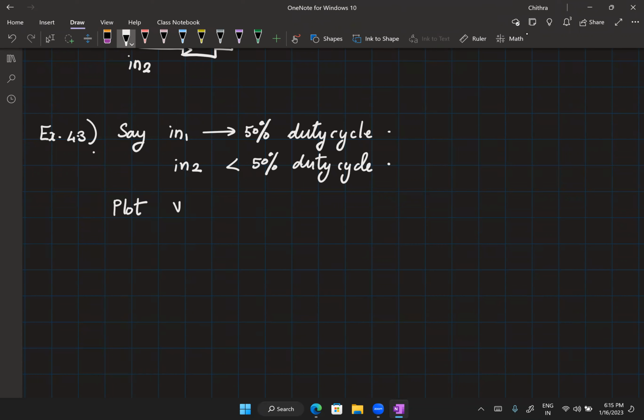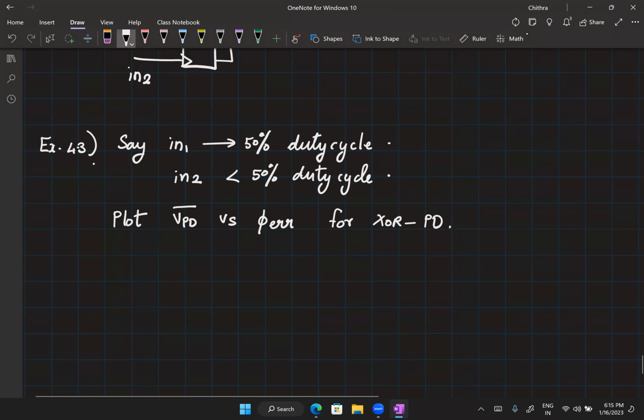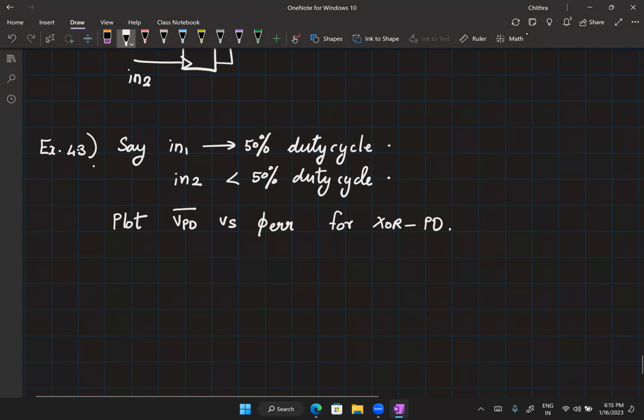You have to plot VPD average versus phase error for XOR based PD. Can you quickly try that?